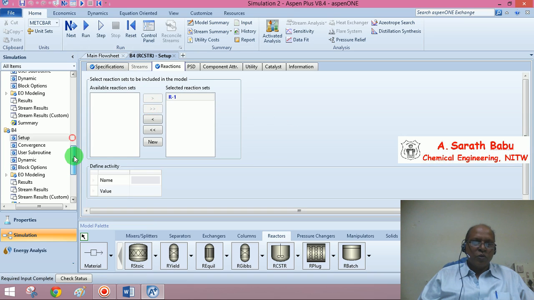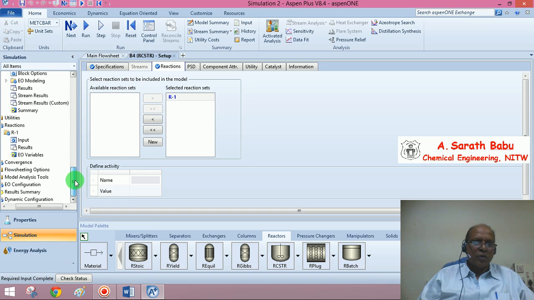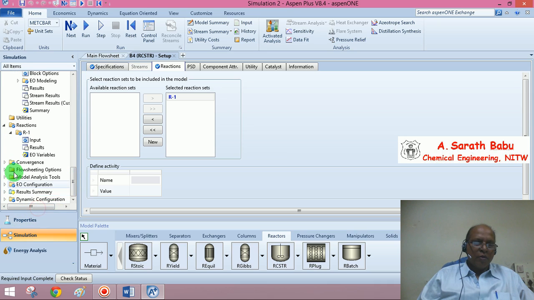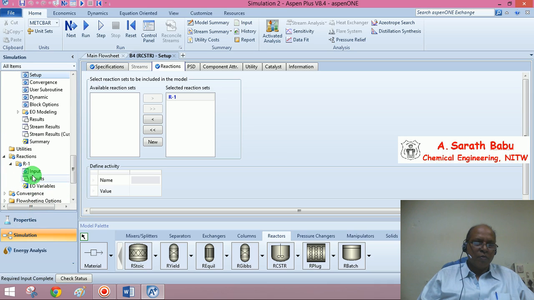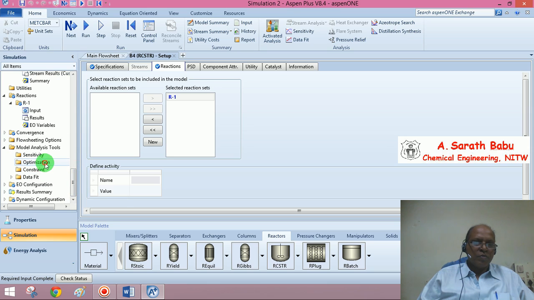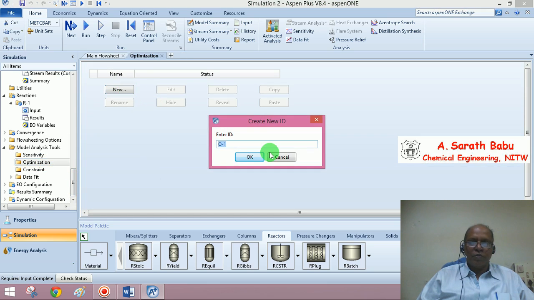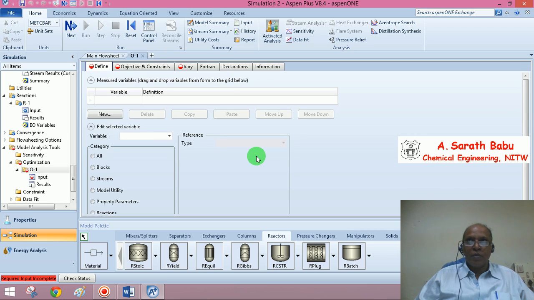Now let me also use the optimization toolbox straight away. Say new, okay, variable. What is our objective? Conversion.